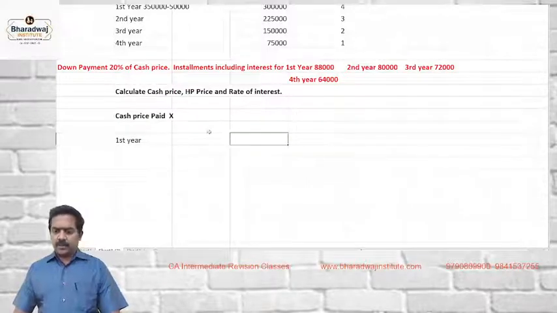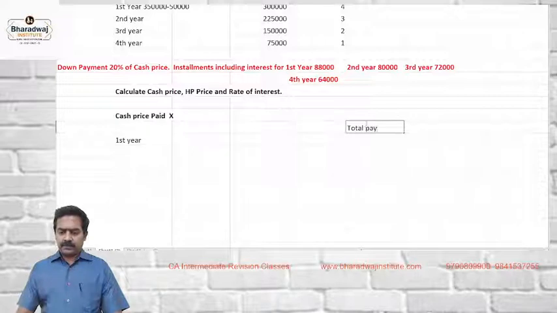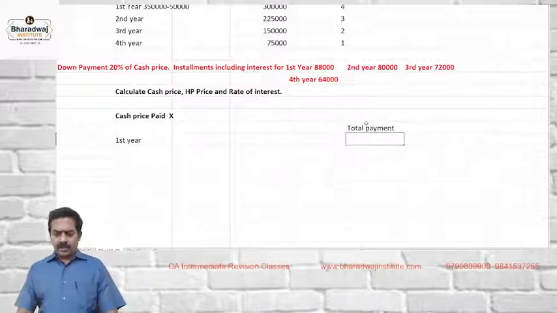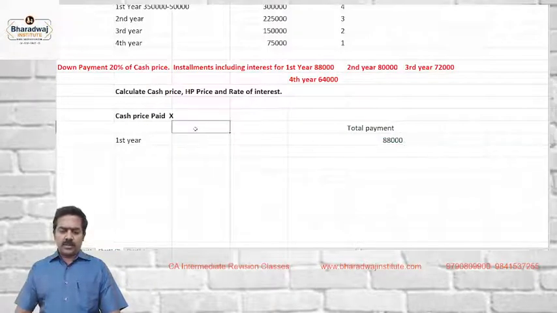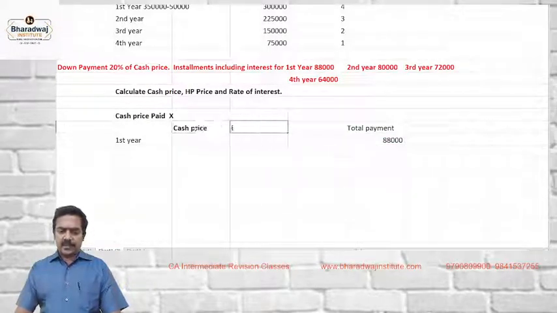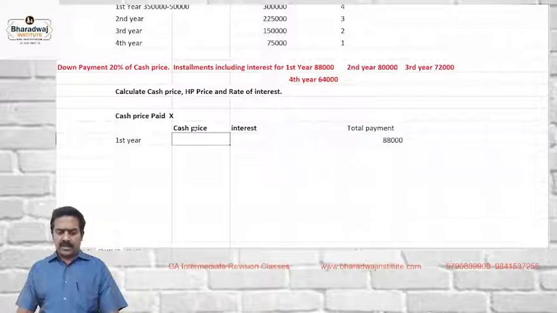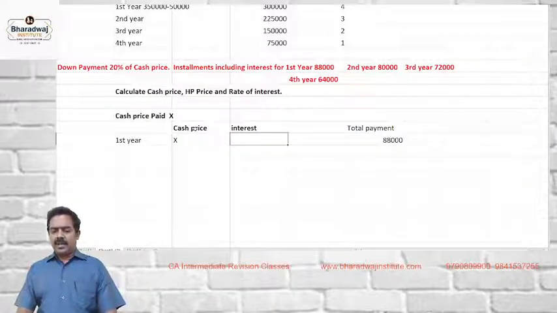First year, what is the total payment made? First year total payment including installments is 88,000. This includes cash price plus interest. So let us assume the cash price is uniform, x, and the interest will be 4y.